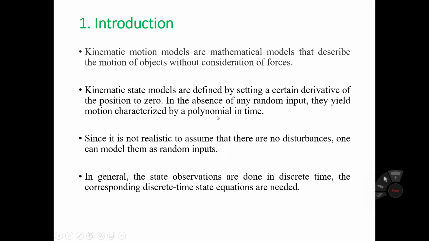So for example, we have already studied that F of k times x of k. This is the transition matrix, and this is the state at time k, and this will give you the kinematic model or the motion model for x of k plus 1.